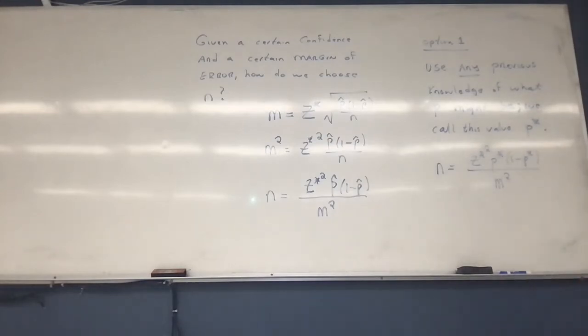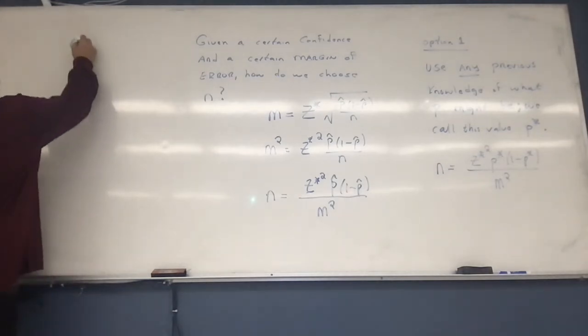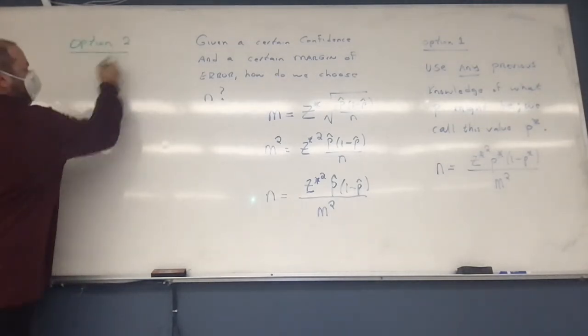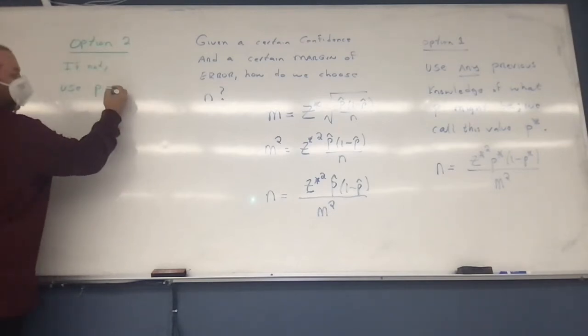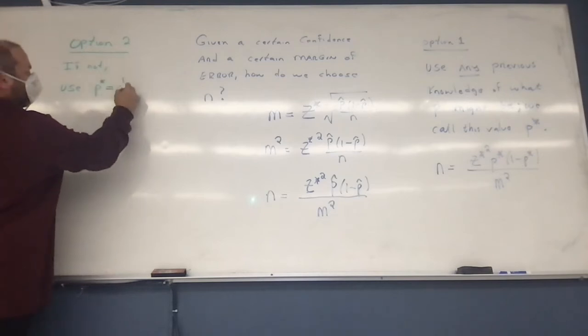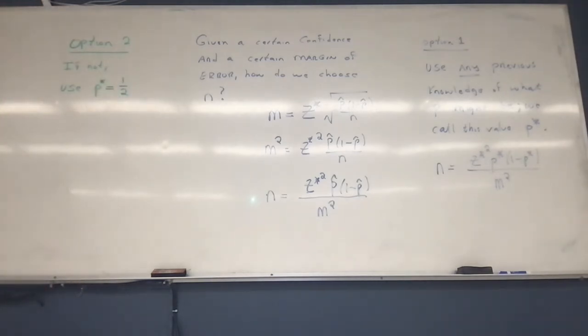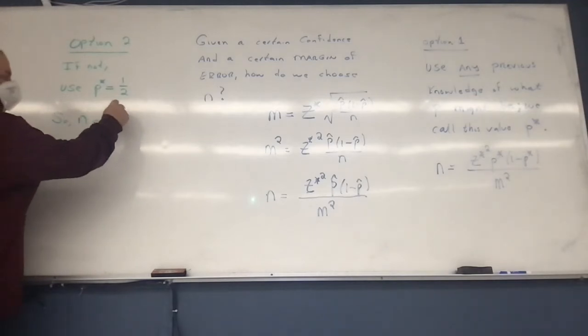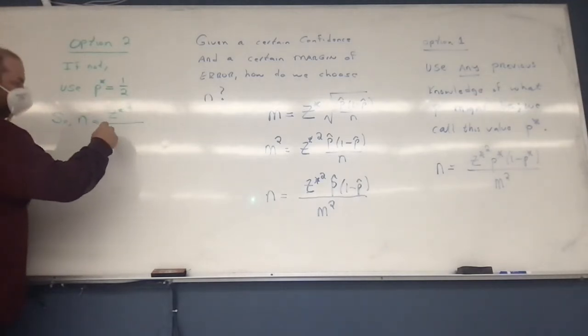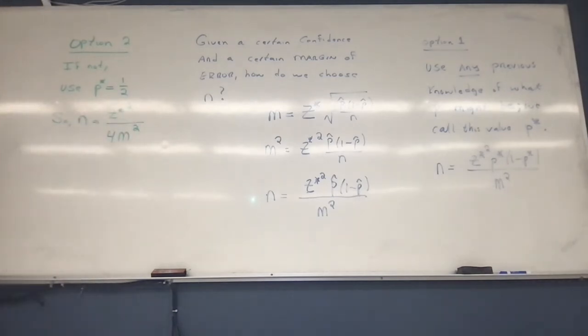Option 2: if not, use one half. So n equals z star squared over 4 m squared. 1/2 times 1 minus 1/2 is 1/2 times 1/2, which is 1/4. 1/4 goes in the denominator.